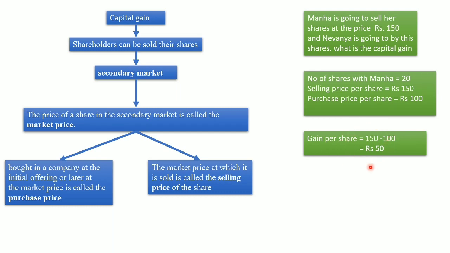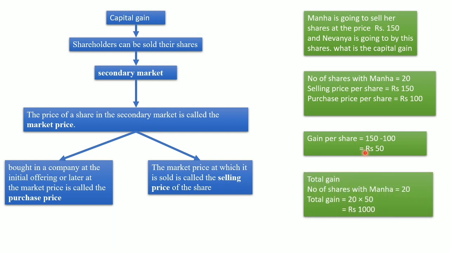Per share it is 50 rupees. How many shares does Manha have? It is 20 shares. So the total gain is 20 into 50, that is 1,000 rupees.